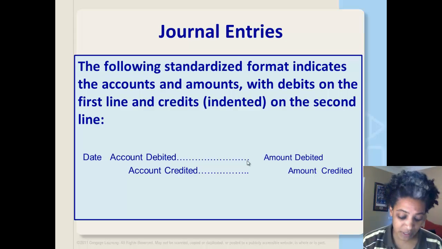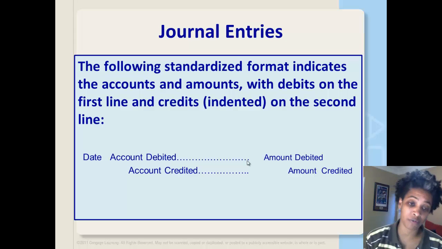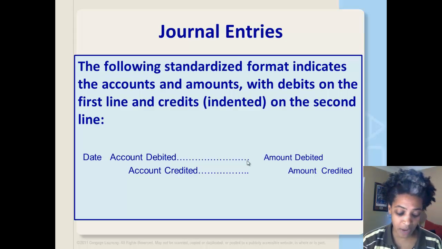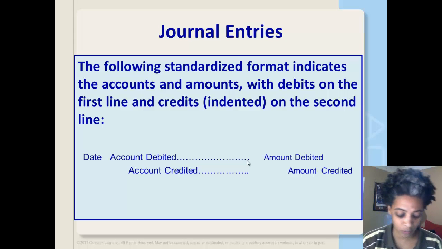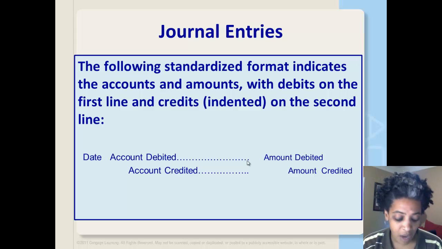The accounts receiving debit entries are listed first, followed by the accounts receiving credit entries, and you should notice that the credit line is indented just a little bit. To the right of the account names are debit and credit columns to record the monetary values of the transactions. So the totals in the debit and credit columns should be the same for each transaction.